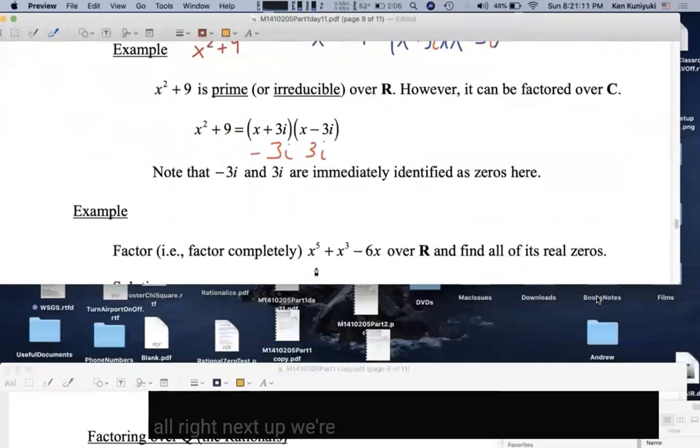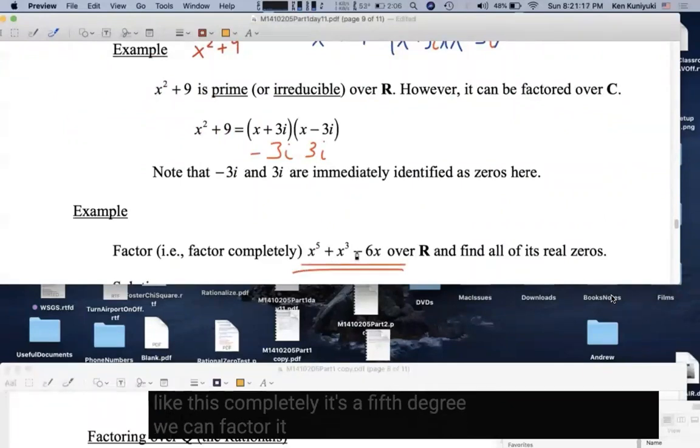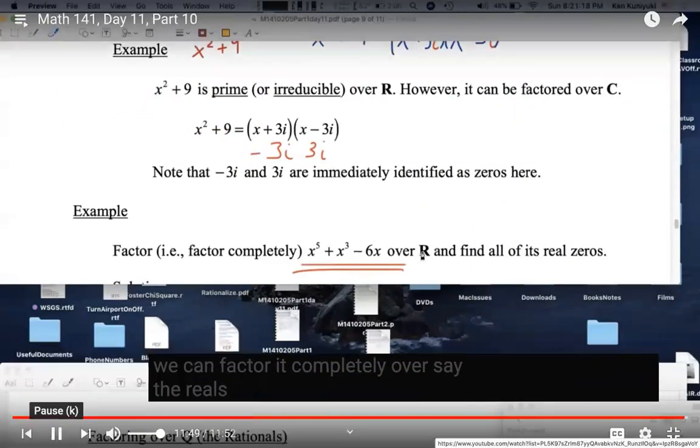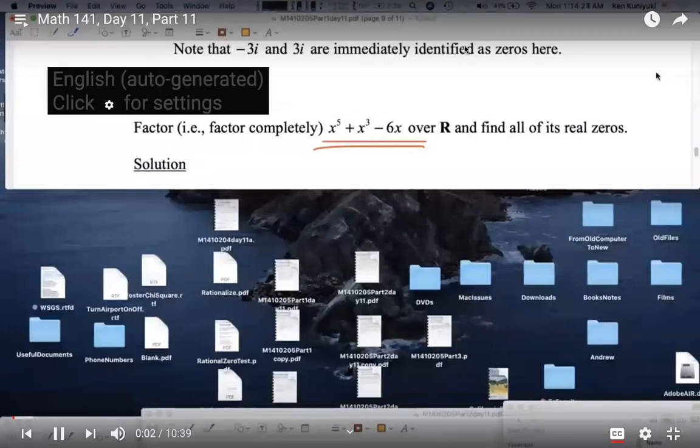All right, next up, we're going to factor a polynomial like this completely. It's a fifth degree. We can factor it completely over, say, the reals and over C. Okay, any questions? Let's go on. Let's factor this fifth degree, a quintic. Hi, everyone.